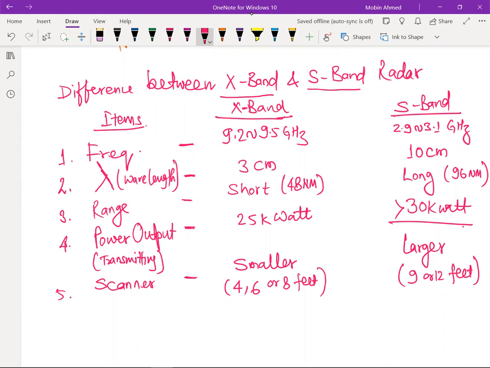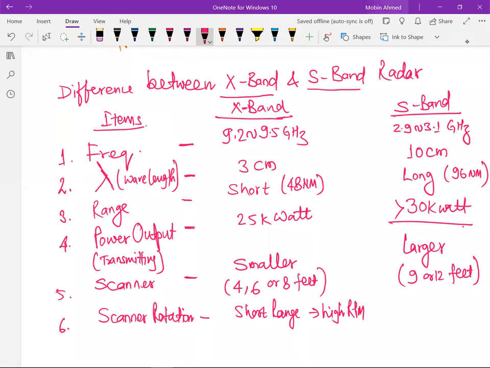Now RPM, that is rotations per minute. Scanner RPM, scanner rotation. For the short range, it is going to have a high RPM.